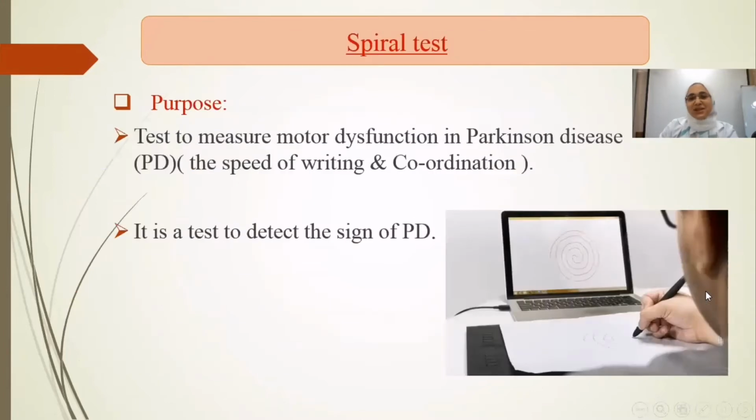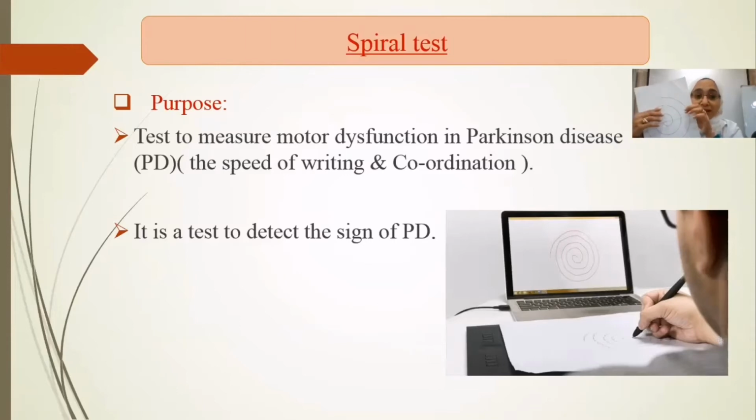The last one, which is the easier one, is the spiral test. The spiral test is one of the art tests or writing tests, which is very important. You will have a paper like this. Actually, the spiral test should be digital on a computer with a pen, but we simplify this for the patients, so we have a printed paper like this with the spiral.